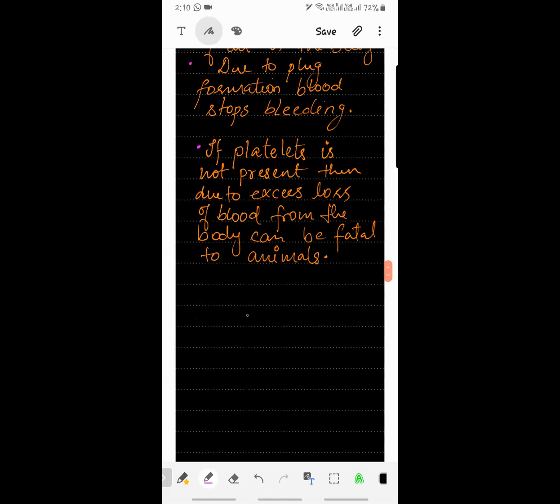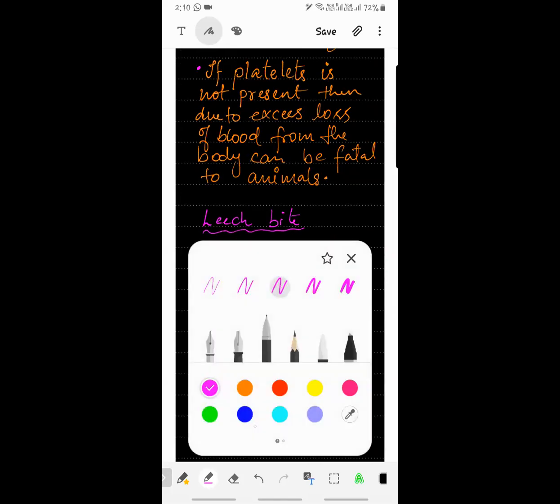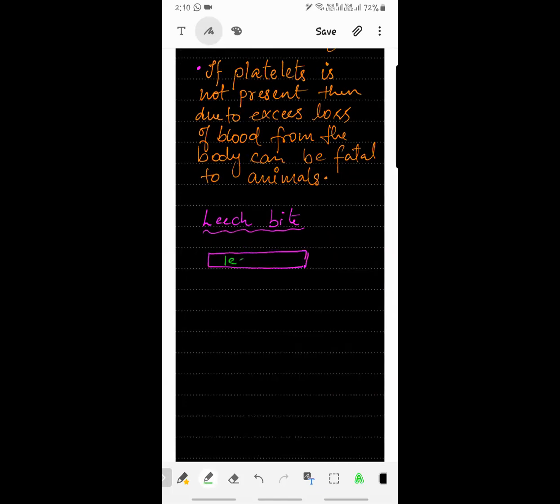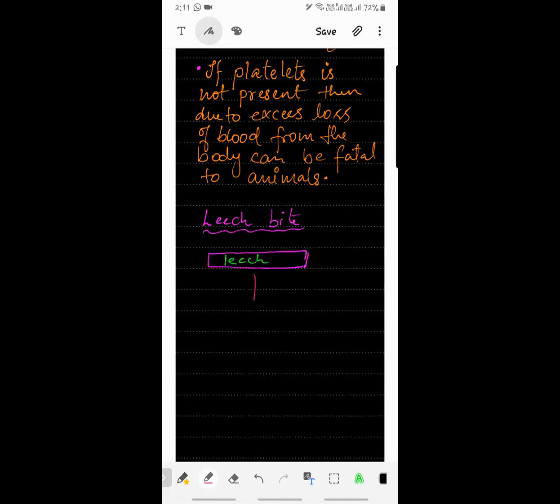Now you should think about the leech bite. Let us say that this is a leech. When a leech is biting the human body, it will secrete one enzyme.